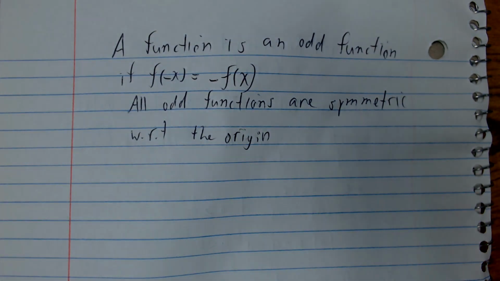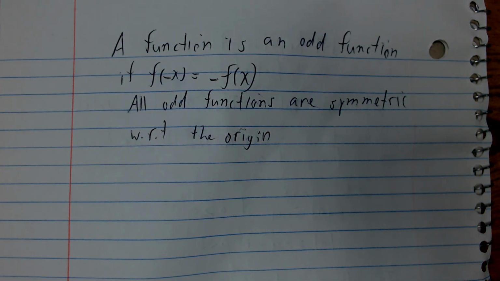Okay, so basically the way we check to see if a function is even or odd, you grab the original function, you replace x with negative x, and then if you get the same function as the original function, it's even. If you get the exact opposite function of the original function, after you simplify it, it's an odd function.